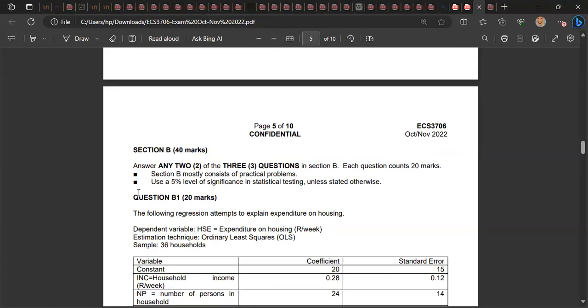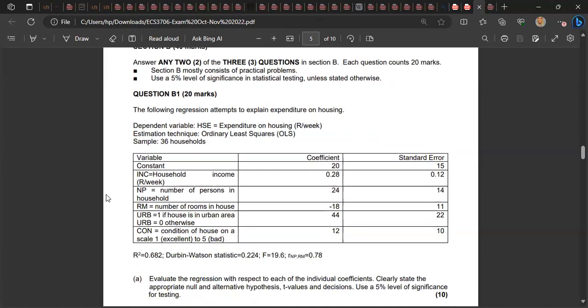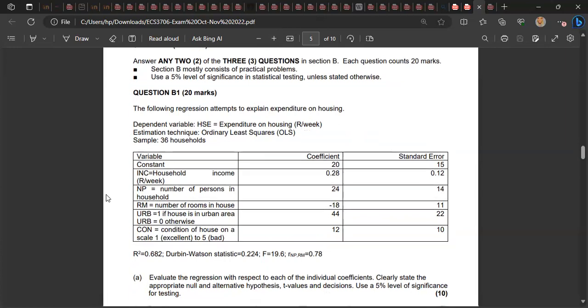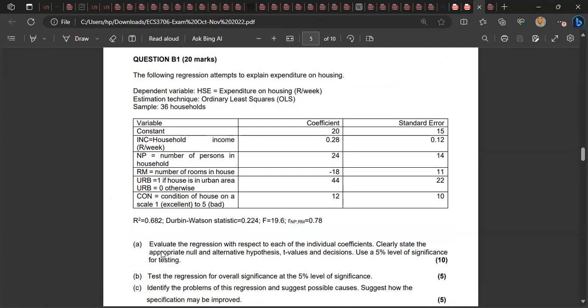All right. So this is the November 2022 paper, right? And then this is what we have on the paper. We've got section B, all right? We'll be doing the stuff that's on section B. So particularly evaluating the regression with respect to each of the individual coefficients, clearly stating the appropriate null and alternative hypothesis, t-values, decisions, use a 5% level of significance for testing.